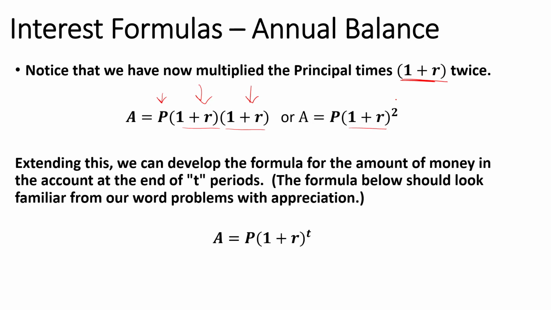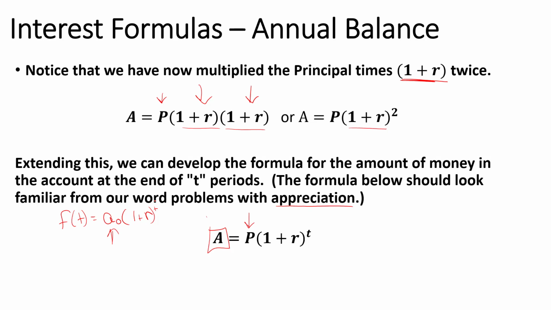The formula below should look very familiar from our word problems with appreciation. Remember when we did appreciation, we had the function f of t is equal to a sub 0 times 1 plus r raised to the t power. See the similarities. Our output or our solution is equivalent to our principal or our starting value. A sub 0 always represents our starting value.